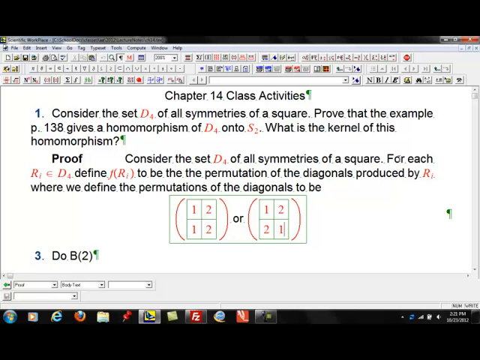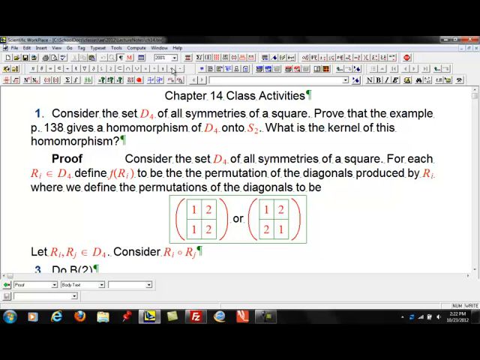Now we just have to verify that this is a homomorphism, so we have to verify the property of the homomorphism. So we have to get two elements in D4, and then we have to think about what's happening to those two elements. What happens when we just operate on them? So if we were looking at Ri composed with Rj, because this is function composition here.